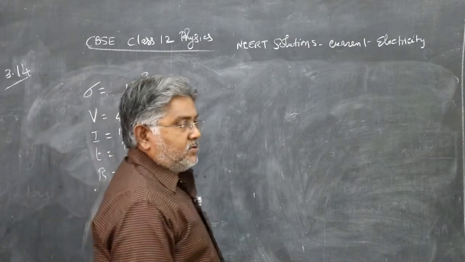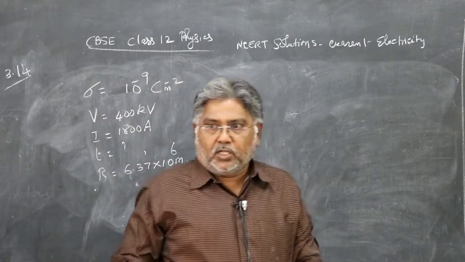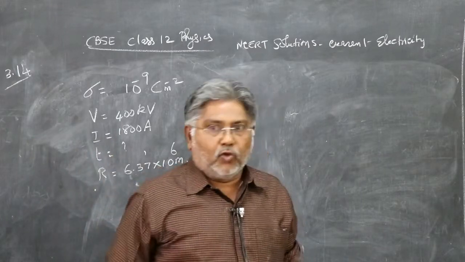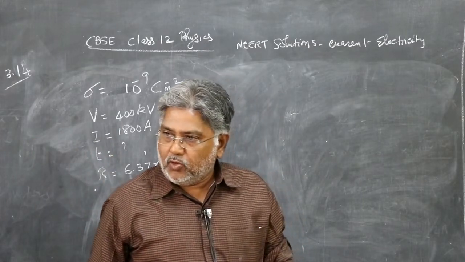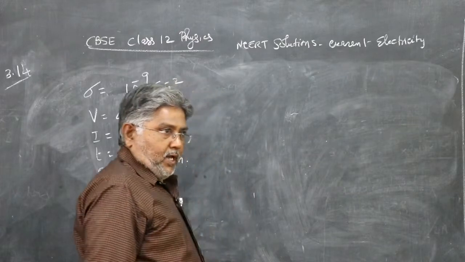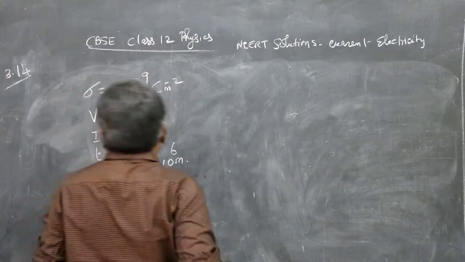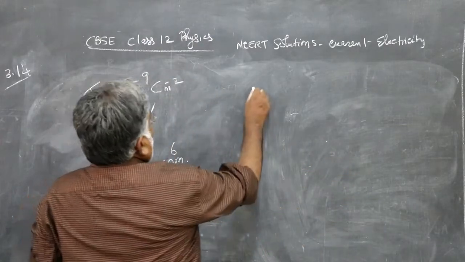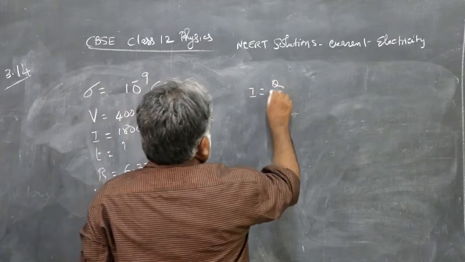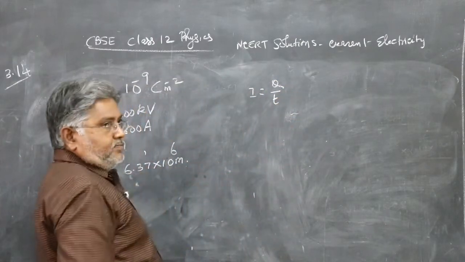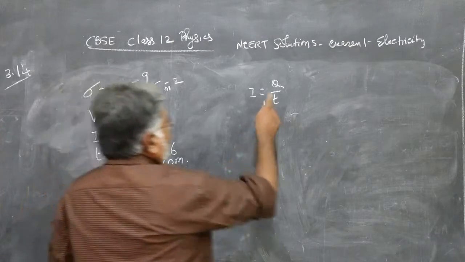First, how much negative charge is there on the Earth? So much positive charge should flow, thereby you can neutralize the Earth. Okay? So, here what you should do: I is Q by T. T is required.